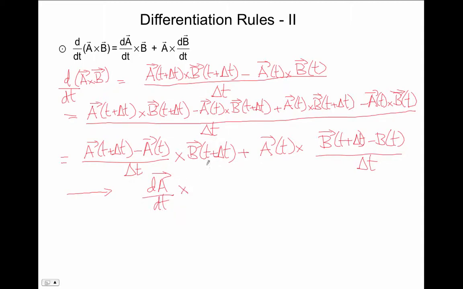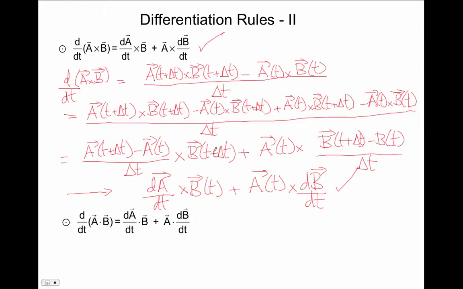Now again, assuming the continuity of b, that b is a smooth vector function, this becomes b at t. And then here we have a of t cross dB by dt. And so that is the correct answer. That's what we were asked to prove. In exactly the same way, we can prove this.